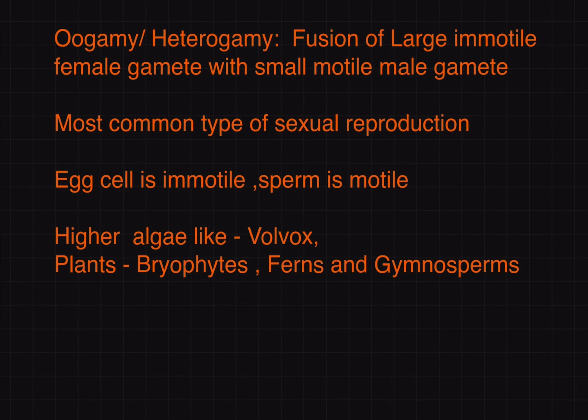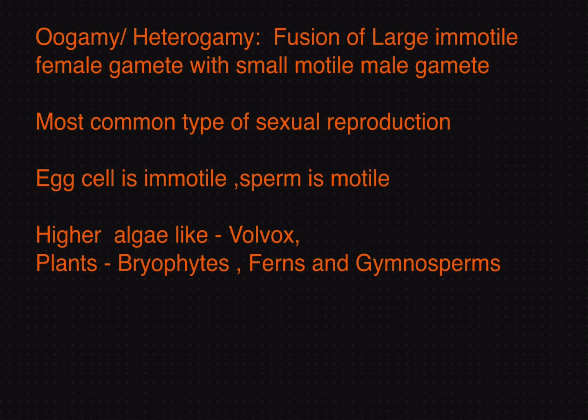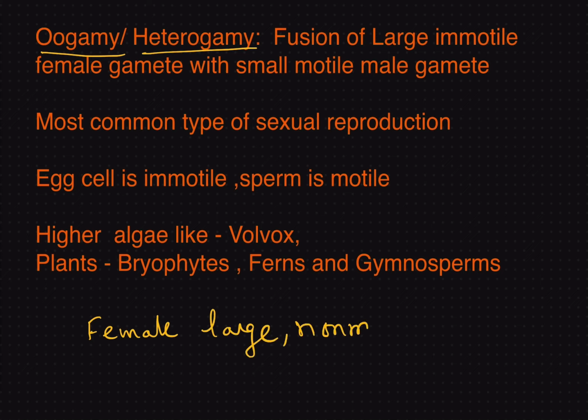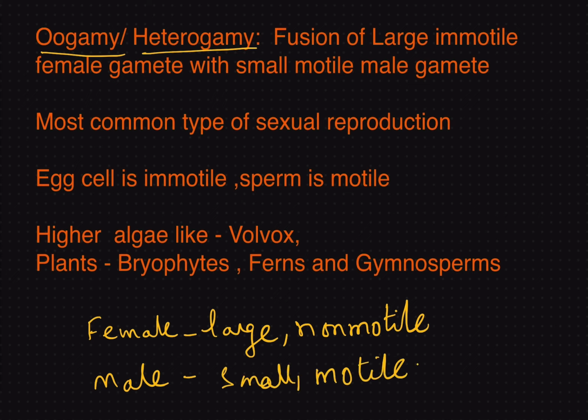Now, coming to the third type, oogamy. Oogamy is also a type of heterogamy in which the female gamete is essentially large and non-motile, and the male gamete is essentially small and motile. So, oogamy is also a kind of anisogamy.